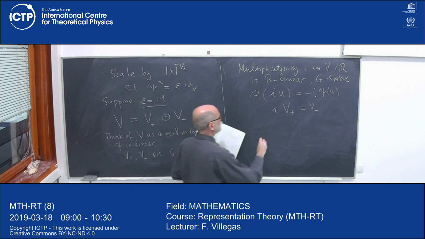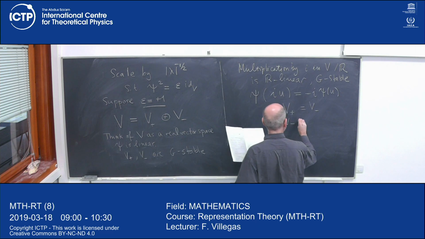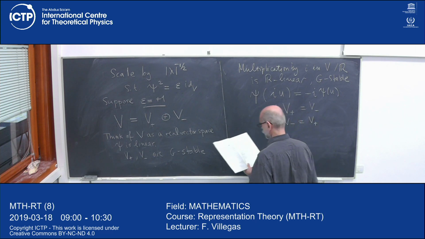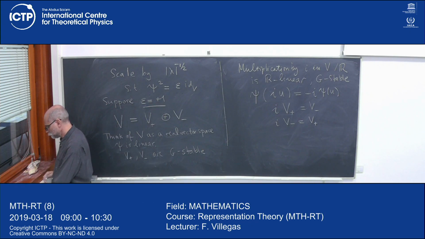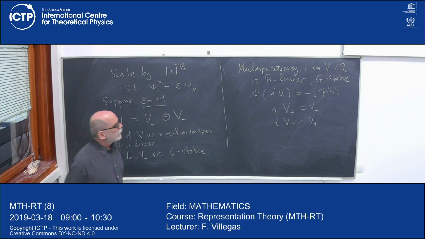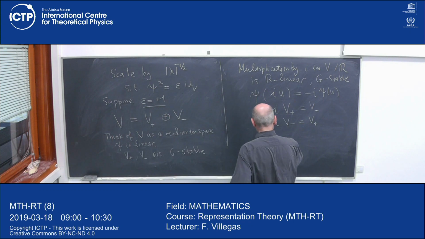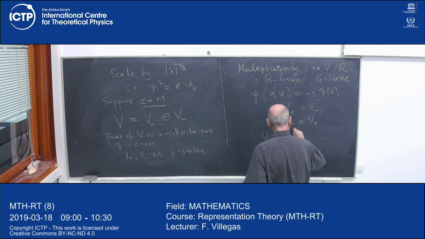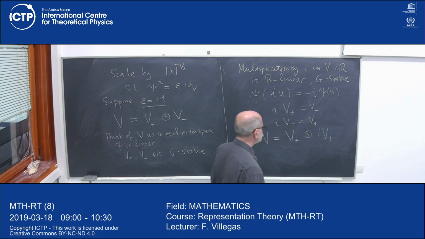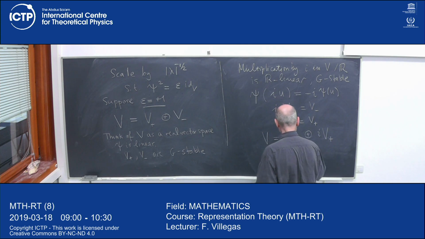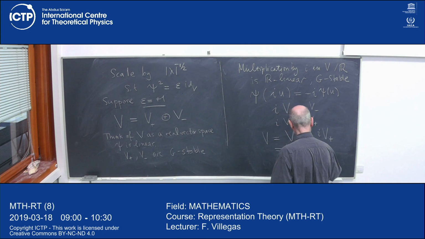And similarly, I takes the minus space to the plus space. So I exchanges the V plus and the V minus. So one way to say this is that V is then V plus direct sum I times V plus. Or, which is the same, V plus tensor with C.